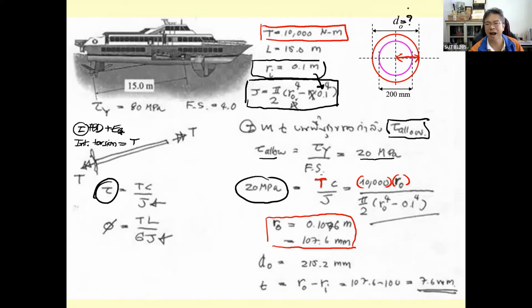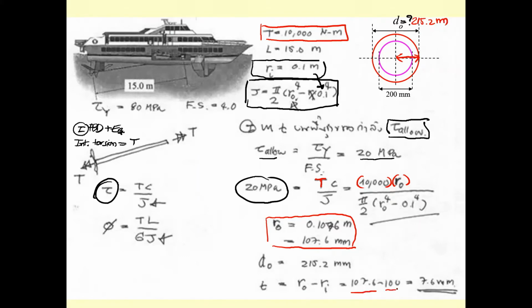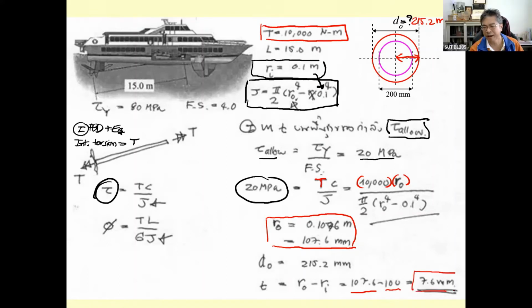So the diameter here is going to be 215.2 millimeter. Then the thickness, you just subtract R sub I from R sub O. Based on the strength, you get the thickness of 7.6 millimeter.